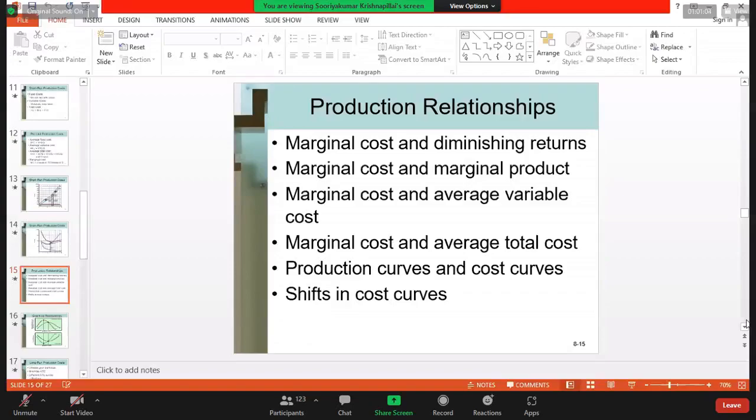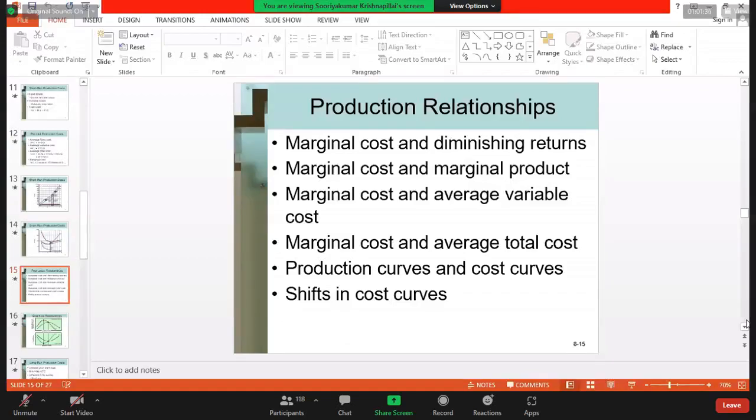So if the fixed input price changes, then average total cost and average fixed cost will change, while marginal cost and average variable cost will not change. Total fixed cost changes, total variable cost will not change, and total cost will change because of the summation.